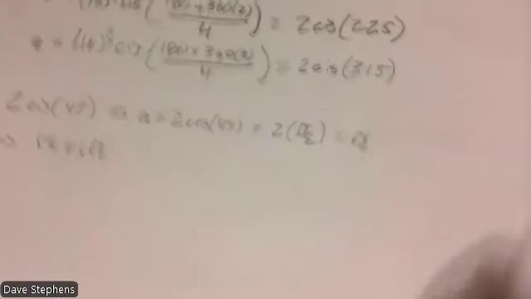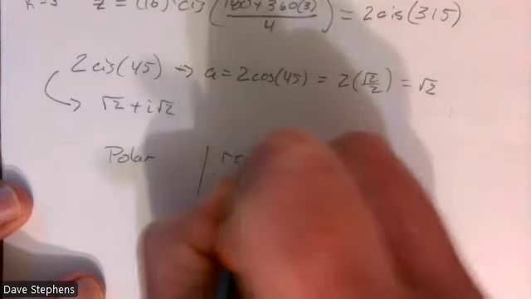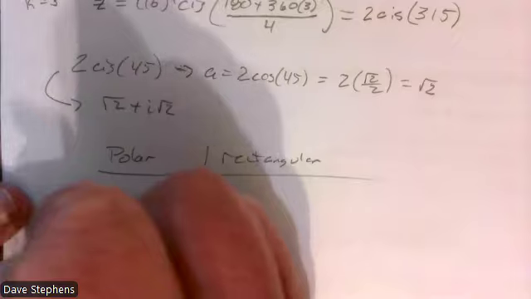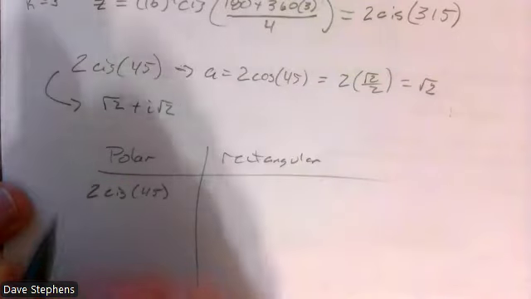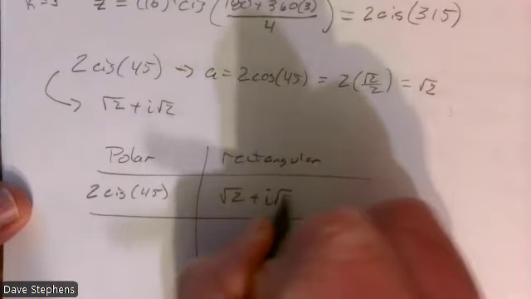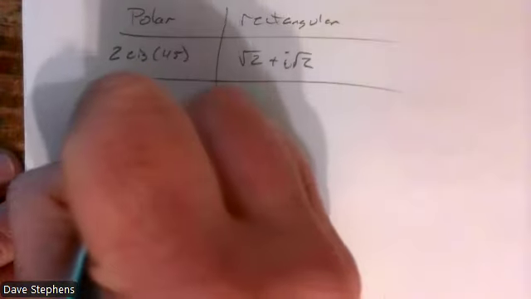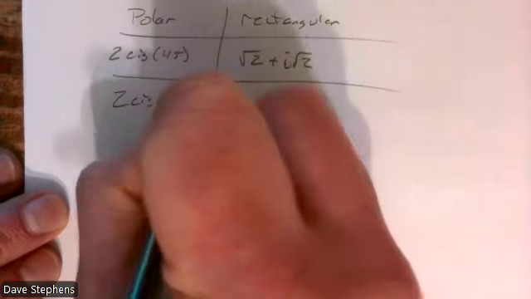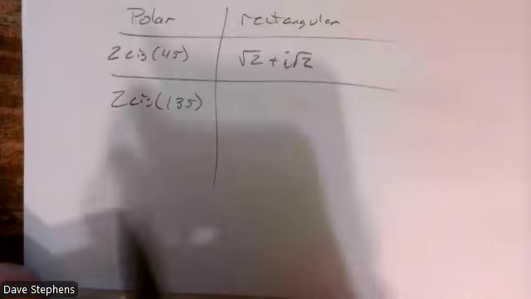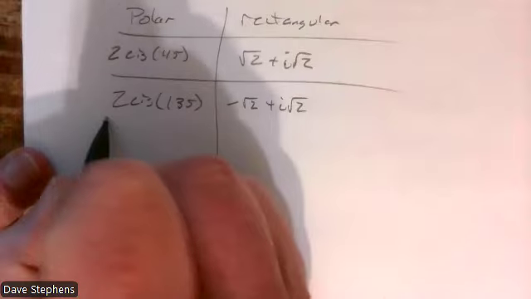Let's organize our work. We have polar, and then we're going to have rectangular. So 2 CIS 45 in polar corresponds to root 2 plus i root 2. 2 CIS 135 corresponds to a negative a and a positive b.